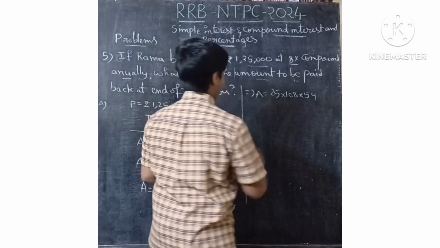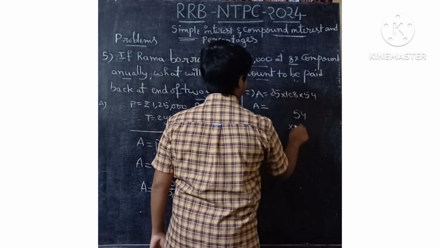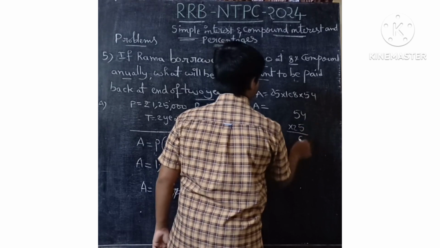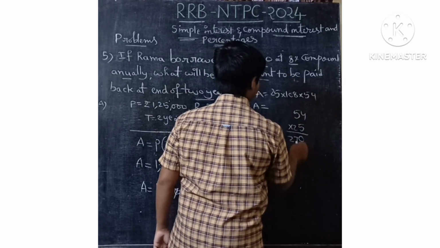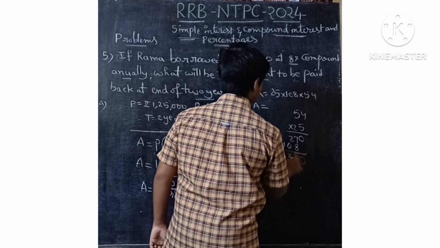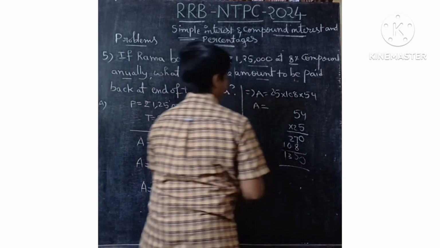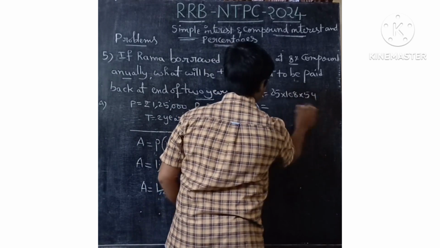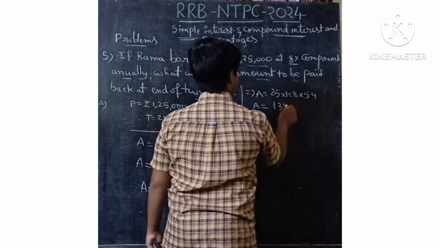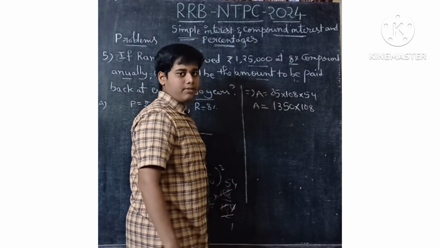Okay. So amount is equal to the multiplication. So 54 into 25 is 1350. So 54 into 25 means 1350. So 1350 into 108, and again we have to multiply with 108.